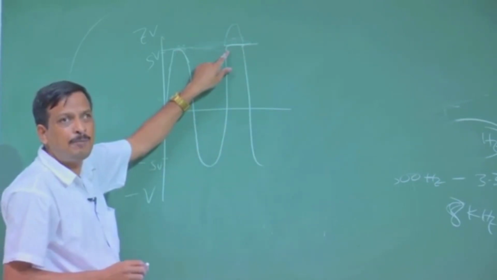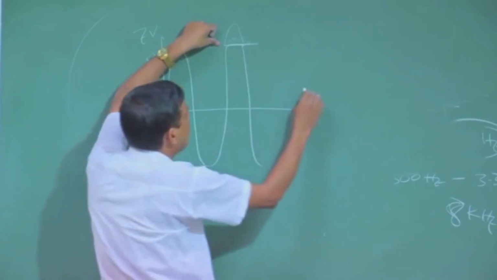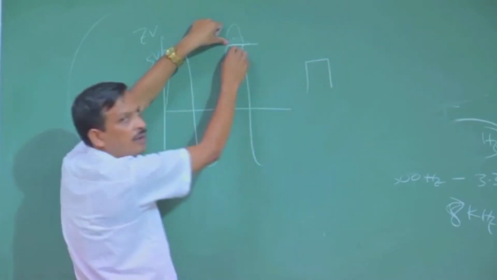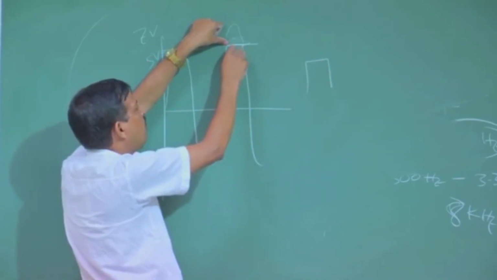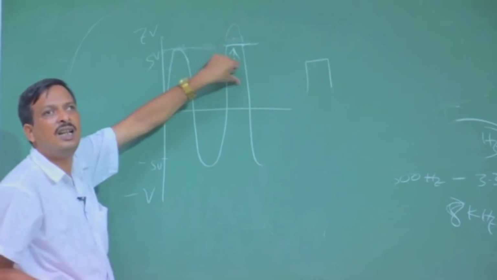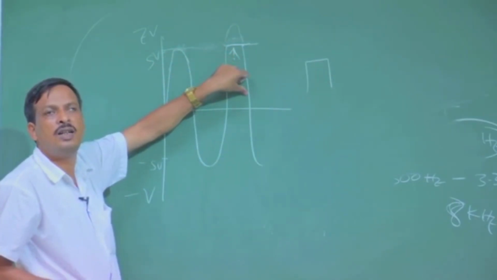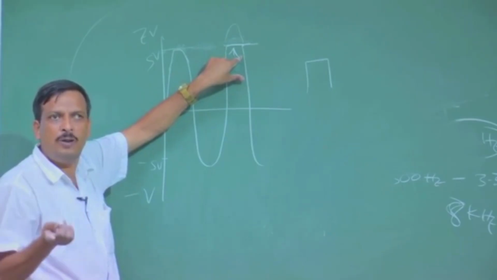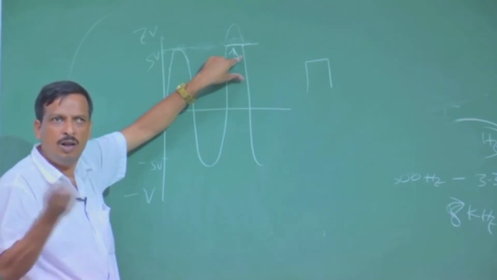So, if it is clipped, that means it develops a square wave there. The original frequency components of this signal I cannot get. I get the square wave content, all the frequency content.